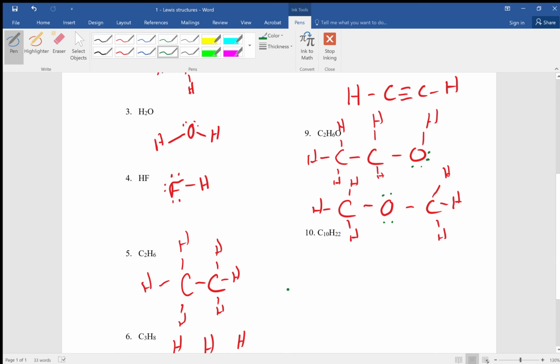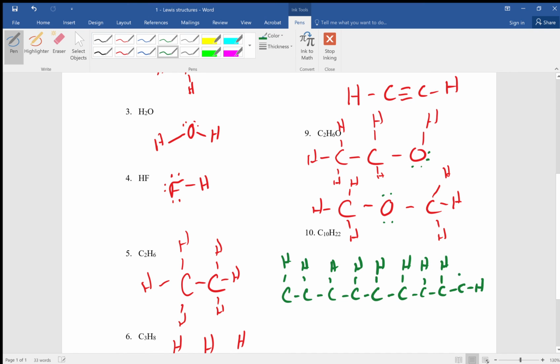And finally, number 10, C10H22. The key here is we know that the carbons need to all be connected to each other because they're the only atom in this molecule that can have more than 1 bond.